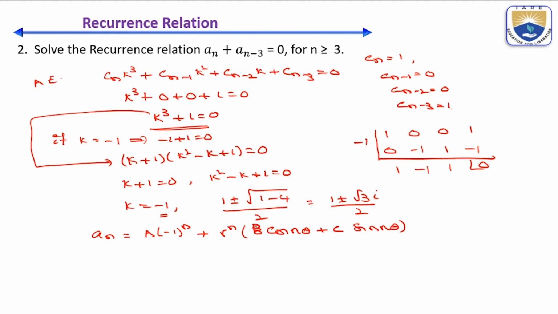Let us take the constants are b and c. Now here we are going to find what is the r value and what is the theta value.